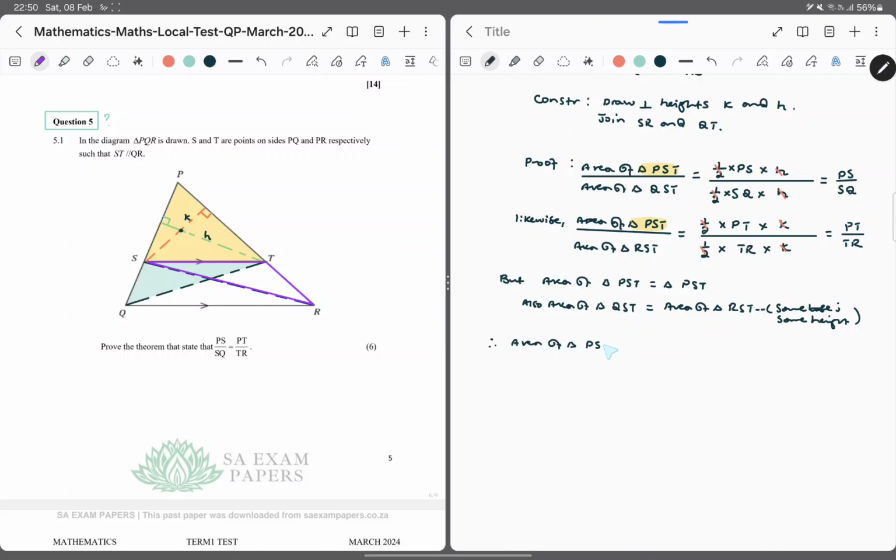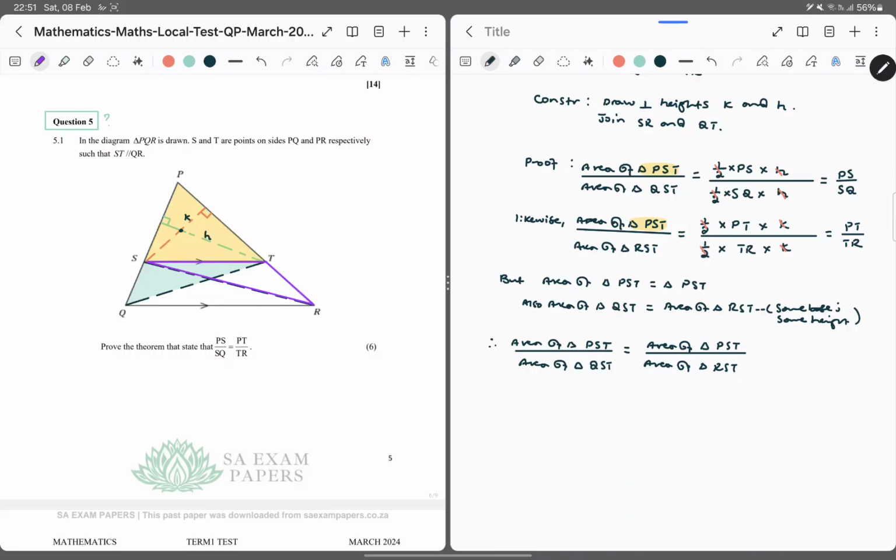So we understand that area of triangle PST over area of triangle QST should be equal to area of triangle PST over area of triangle RST. There's just a lot of writing here, otherwise the thing is easy. We are deducing this from knowing that the numerator is the same, denominator is the same.